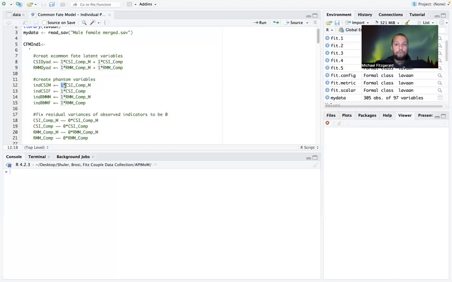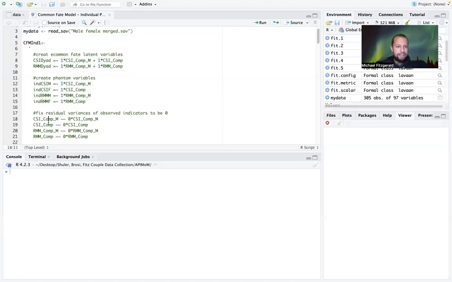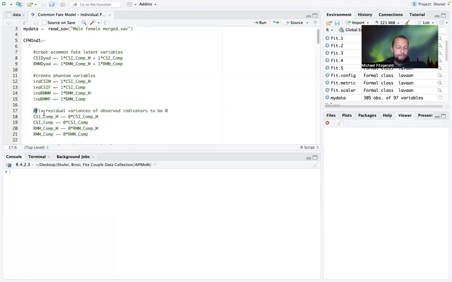This is for identification purposes, because the phantom variable on its own, we need to pin down somewhere. So we do that by, one, fixing that factor loading to be 1, and then, as you'll see down here, fixing the residual variances of those indicators to be 0. We're going to do that for each one.